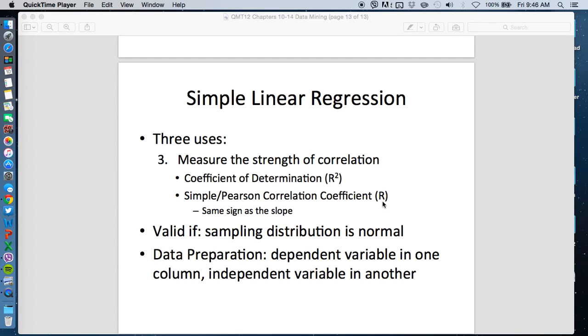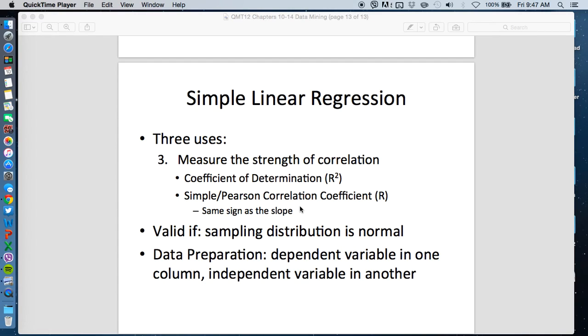So to simplify how to interpret r, the closer r is to -1, the stronger the negative correlation, but the closer r is to +1, the stronger the positive correlation. So that's the third use. We can actually measure the strength of the correlation using simple linear regression.